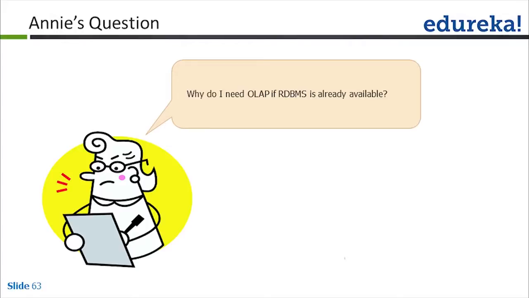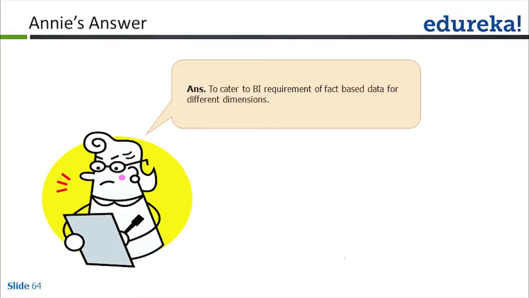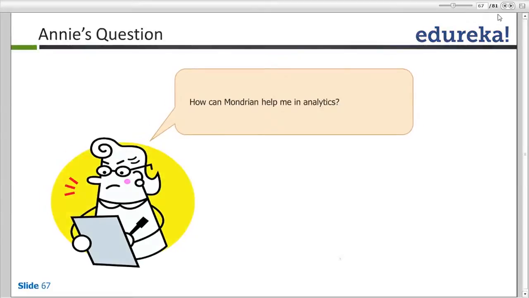Why do I need OLAP if RDBMS is already available? It's a question about why you need a data warehouse or a dimensional model, star schema, snowflake schema, if you already have an RDBMS. It is data about data, used to share abstract information with business users, as you all rightly said. How can Mondrian help in analytics?